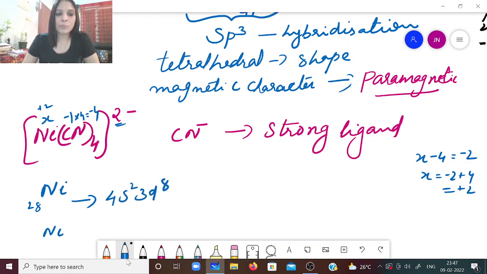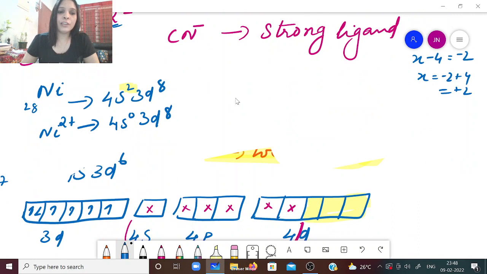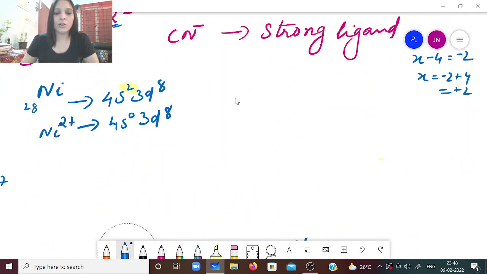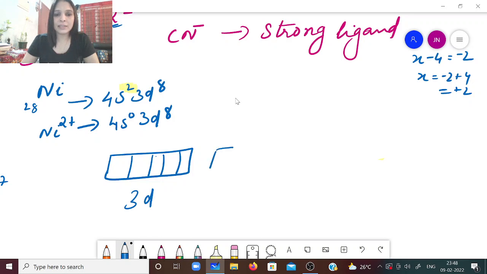Then for nickel 2 plus, these 2 electrons will be removed, so you will get 4s0 3d8. Then I should draw the orbital configuration: 3d, 4s, and we have 4p also.